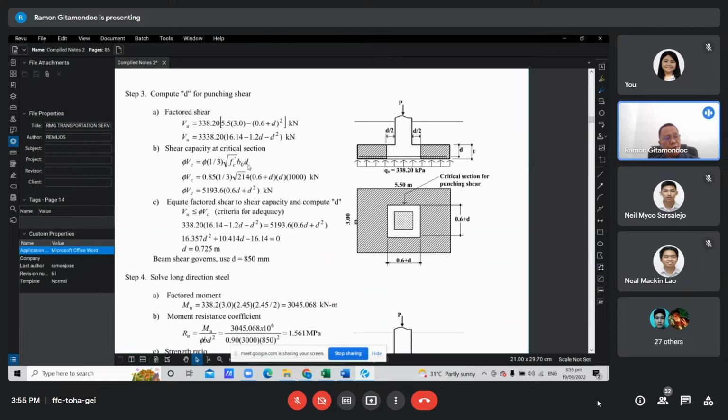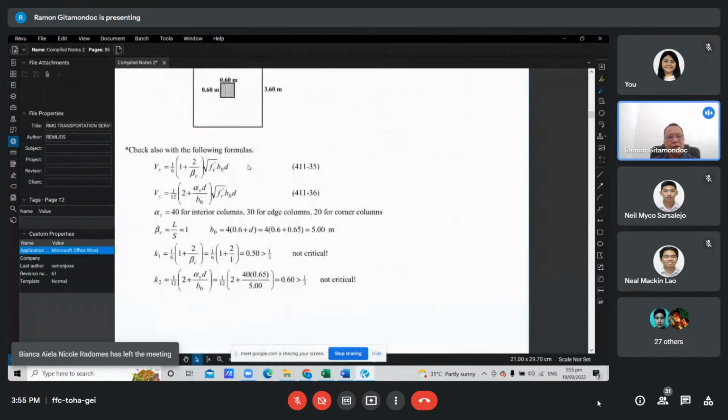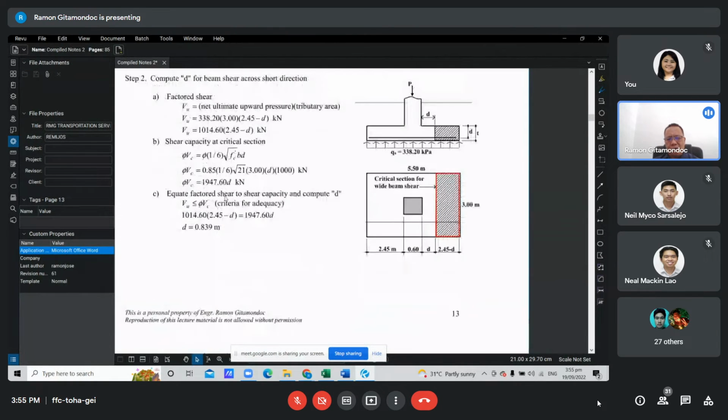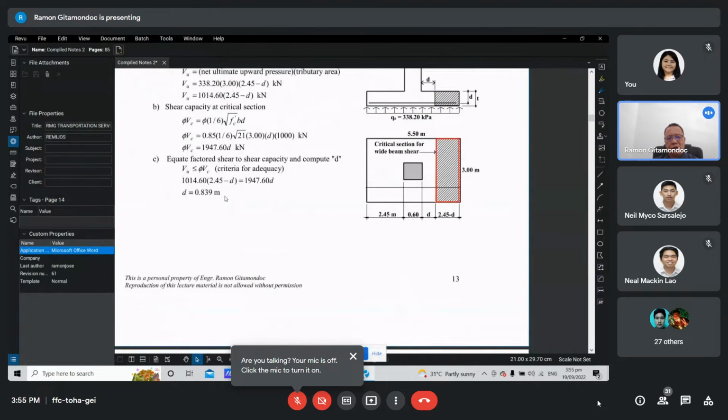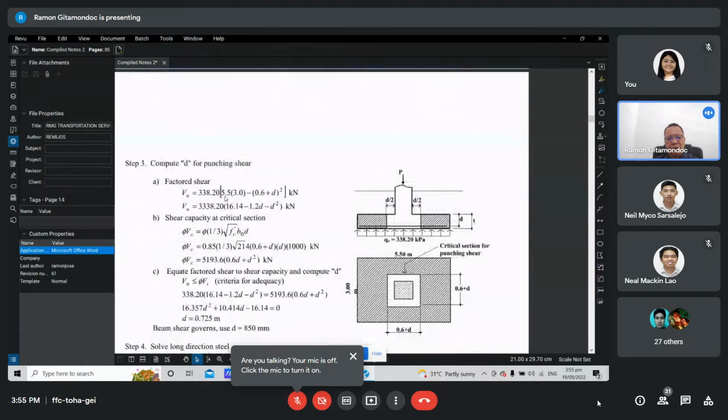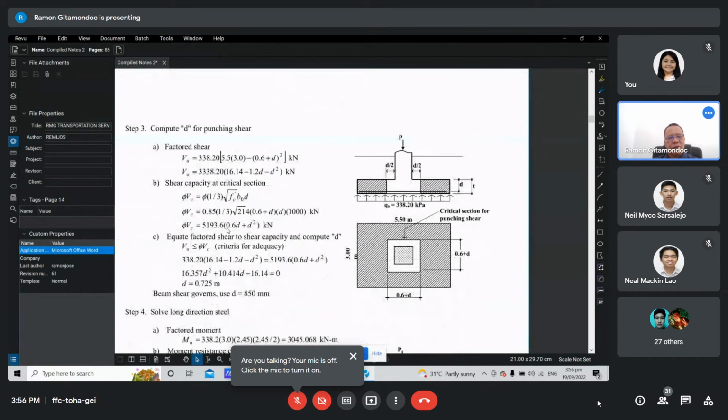But as noted before, there are still, I think, 3 more equations to verify. Two of those we still need to check. But given the footing dimension and the column dimension, I don't think that the other two will govern in this case, no? But it is good to check.